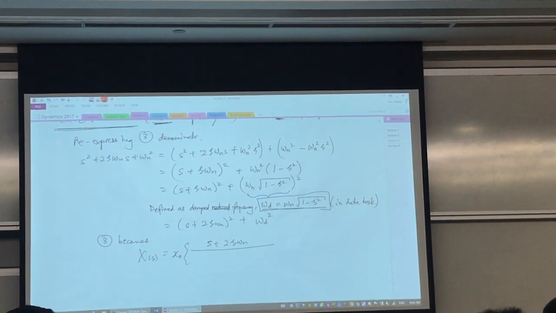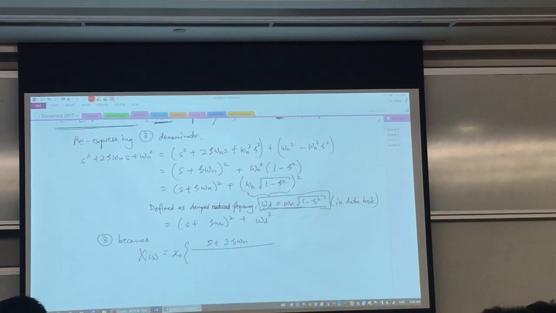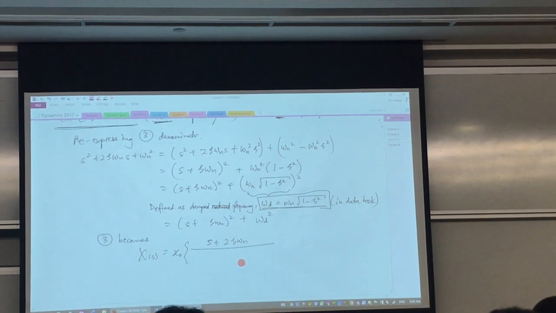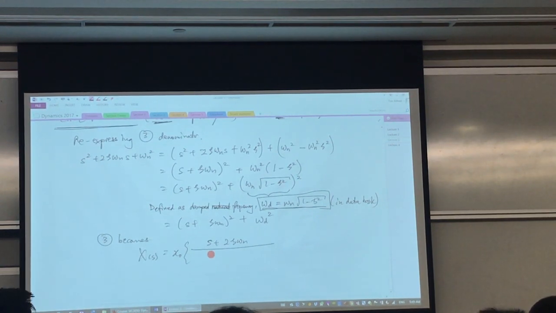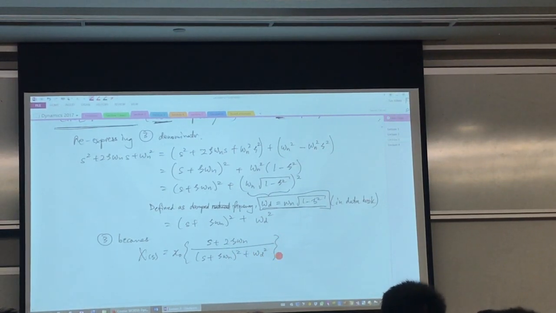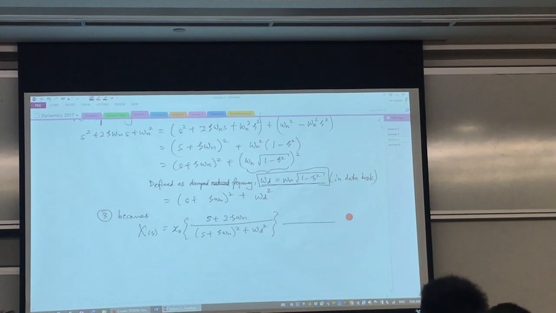Okay, thank you. So this denominator now will become s plus zeta omega n squared plus omega d squared. This I call equation 4.